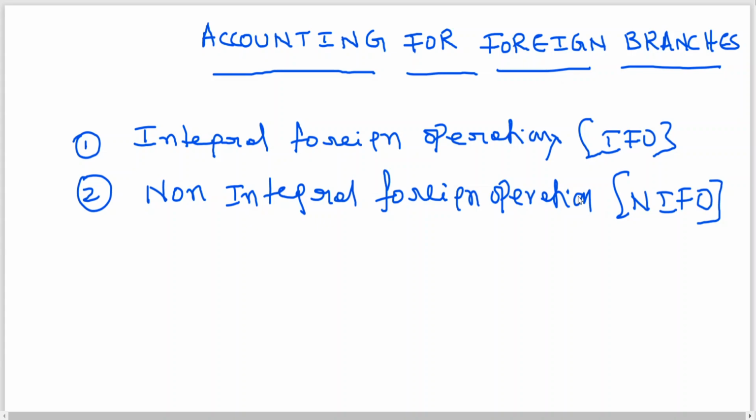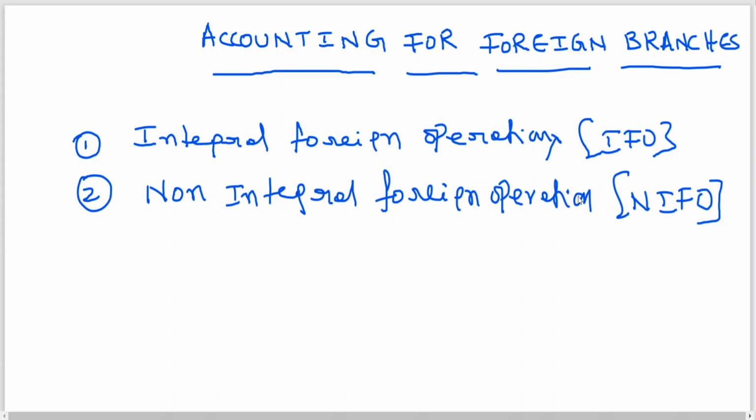Let me give a small example like Tata Motors. You all are aware of it. Tata Motors Limited has a branch office in Dhaka, Bangladesh, that exclusively sells Tata commercial vehicles and passenger cars and remits the cash immediately to Tata Motors Limited.